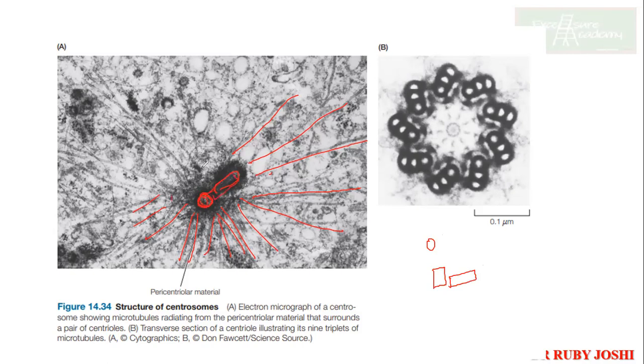Okay, now this area is your pericentriole material which is surrounding your centrioles. Now again, this is a transverse section of your centriole. So I was telling that there are 9, 1, 2, 3, 4, 5, 6, 7, 8 and 9 triplets of microtubules present. Okay, so this is how it is present and they're arranged.